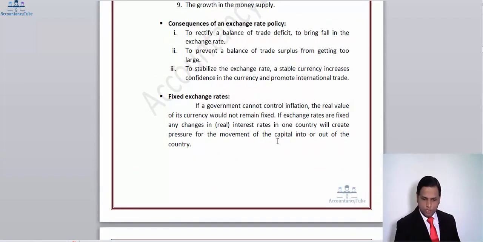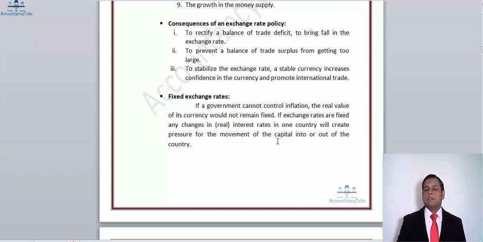Then we have the consequences of exchange rate policy. Exchange rate policy can rectify a balance of trade deficit by bringing a fall in the exchange rate. It can also prevent a balance of trade surplus from getting too large.